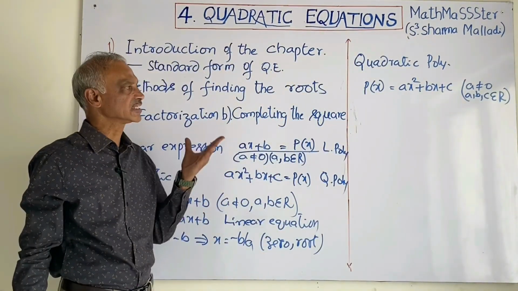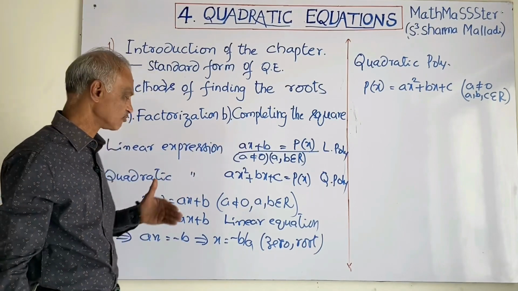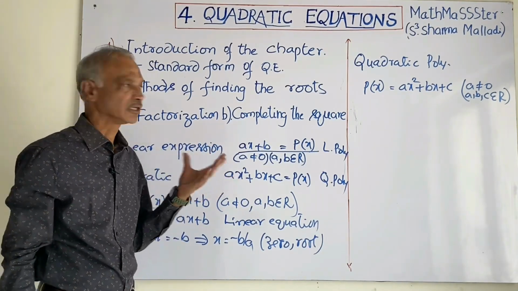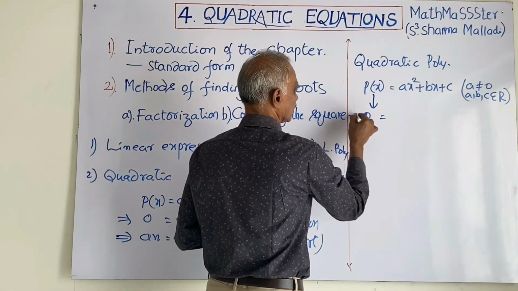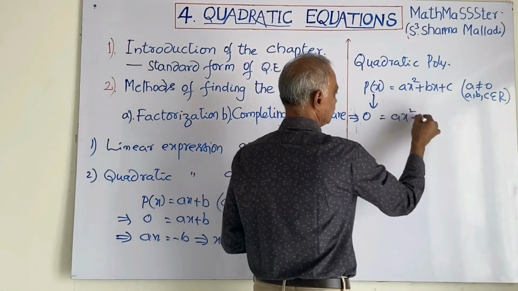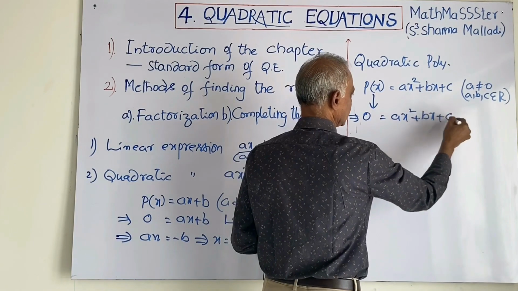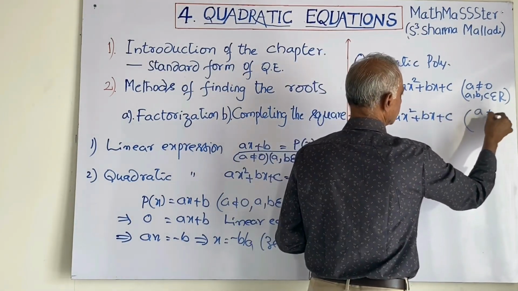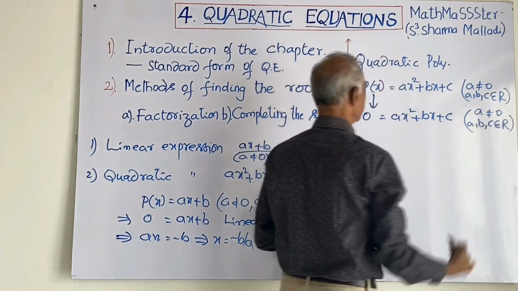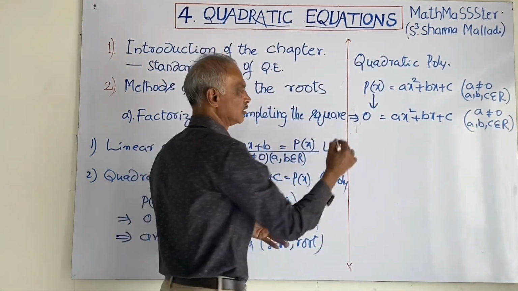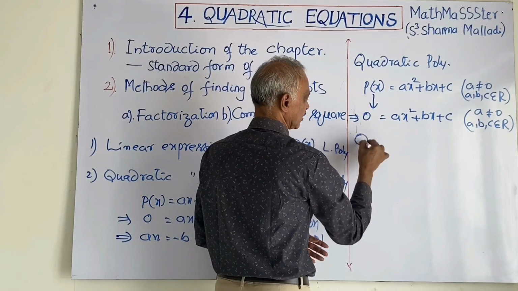This is a quadratic polynomial. If this is equal to 0, ax square plus bx plus c, and a is not equal to 0, a, b, c are real numbers, this is called a quadratic equation.